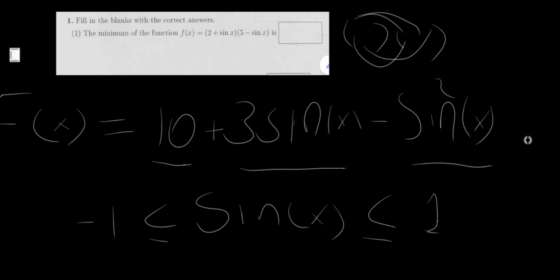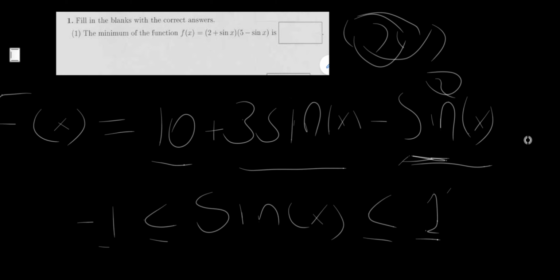So look over here, this one is squared. So if you choose 1 as sine of x, it will still be 1. If you choose sine of x as minus 1, it will be minus 1 squared. That will become 1.